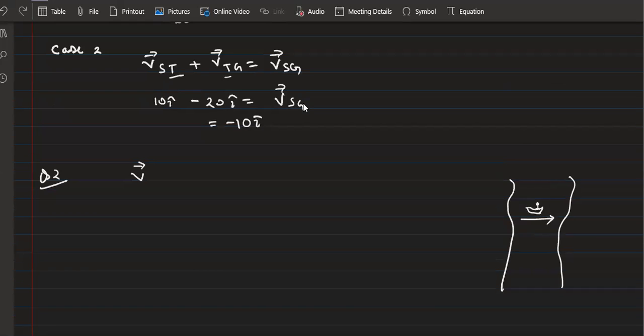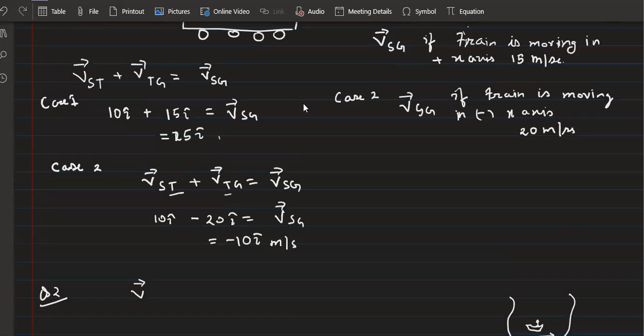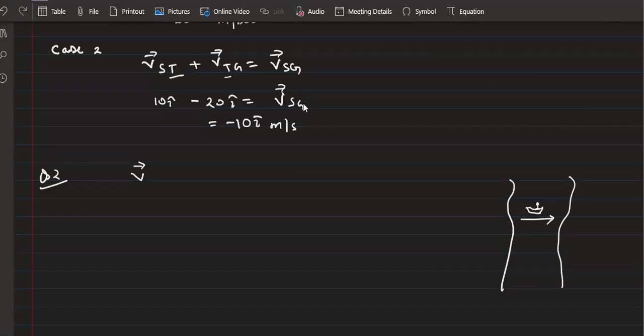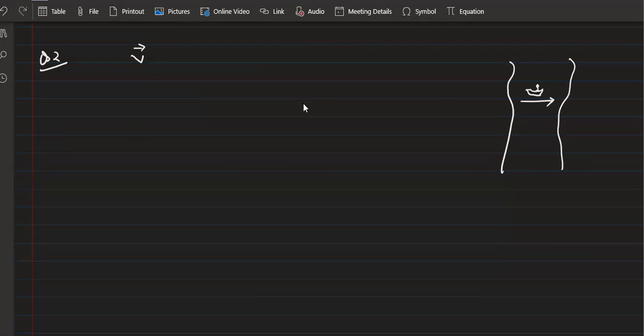The unit would be meter per second, obviously. So the problem here is this boat wants to go from this point A to this point B. It wants to cross this river.